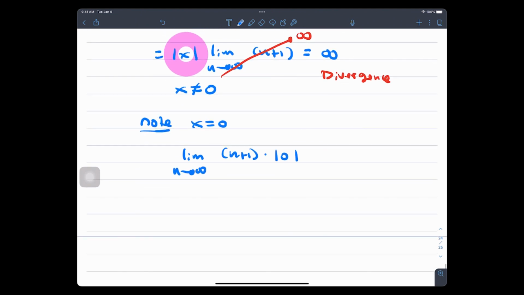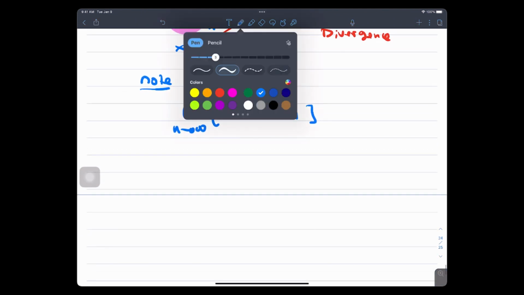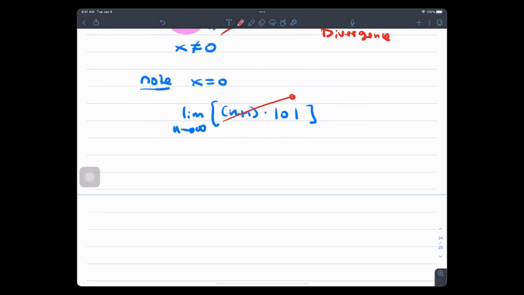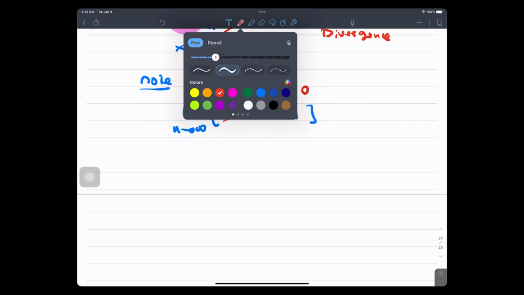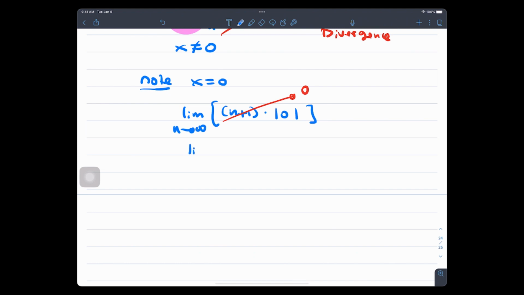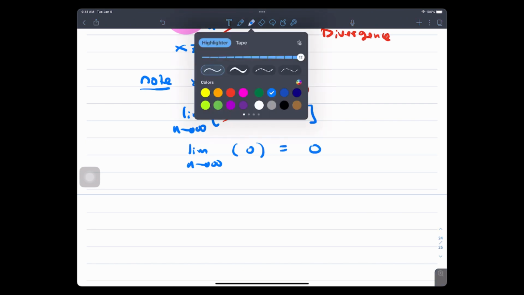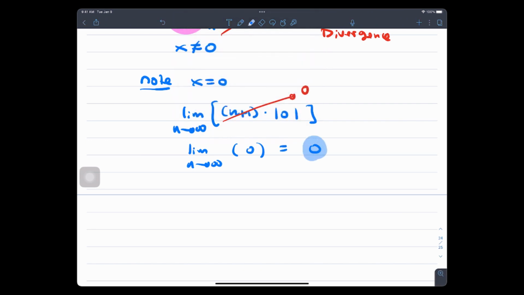What is this here? Isn't this 0? So this whole thing is actually the 0 sequence. The limit of a constant is the constant. Now that number is smaller than 1.